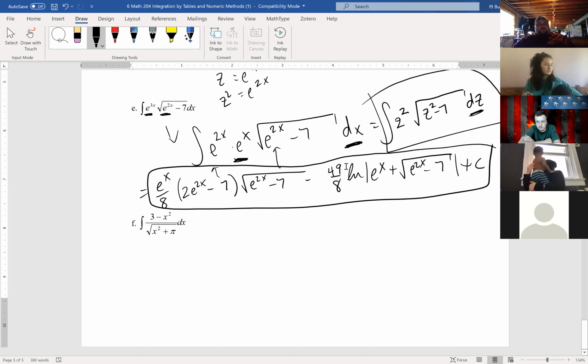I will give you a quiz on partial fractions. Actually, I'll give you partial fractions, and I'll give you Simpson's or trapezoidal rule. So we can get two of those out of the way, and you can determine whether you're doing them well. So next time we'll finish tables, improper, review, and then on Thursday you have your test.